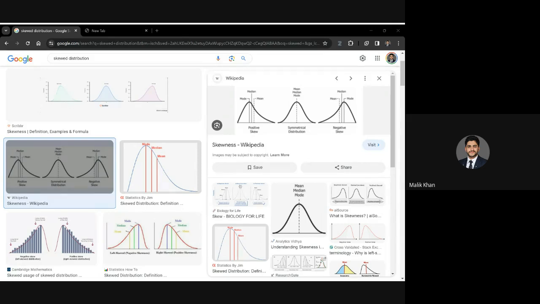So my question for you guys is, what kind of variable is this in types of data set? Mortality? Is it categorical? Is it numerical?